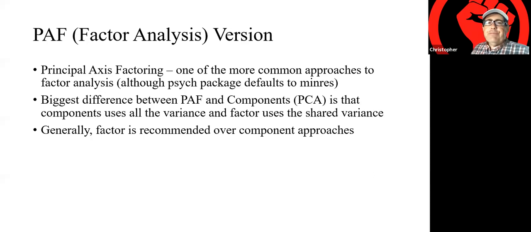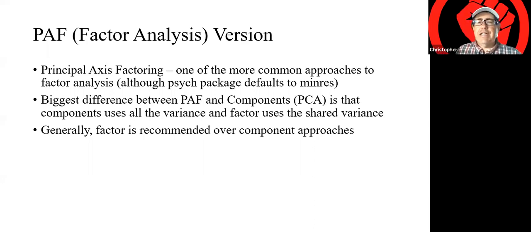Again, the biggest difference between factors and components is that components use all the variance, factors only use the shared variance. Generally, most sources would recommend factor approaches over component approaches. Researchers still use component approaches a good bit, and I think part of that is because its results look more impressive numerically, because there's more variance to explain, although it's probably not as stable because of its reliance on unshared variance.